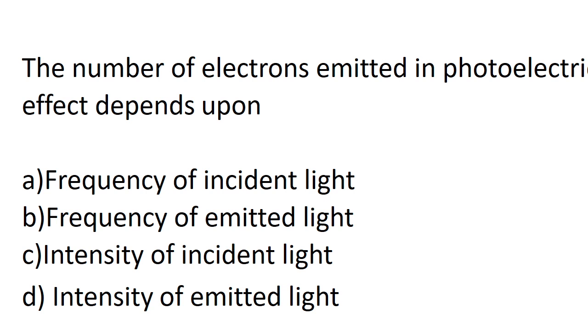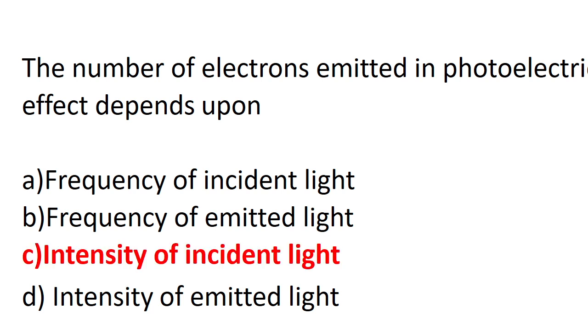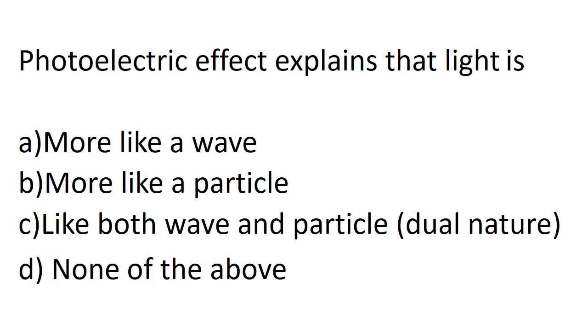But the number depends upon intensity of incident light. If intensity is more, then more number of electrons will be ejected. If intensity is less, then smaller number of electrons will be ejected from the metal surface.